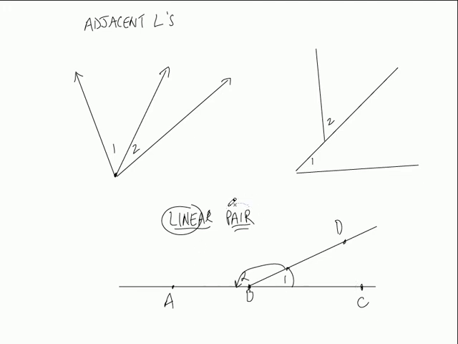If it says linear pair, how many angles do I need? I need 2. So just putting down one angle already means it's not going to be correct. You agree with that? Okay, so if I call it a linear pair, they have to be 2 angles that form a straight line. So ABD and DBC would be those 2 angles. You got it? Okay. Let's go on to this.